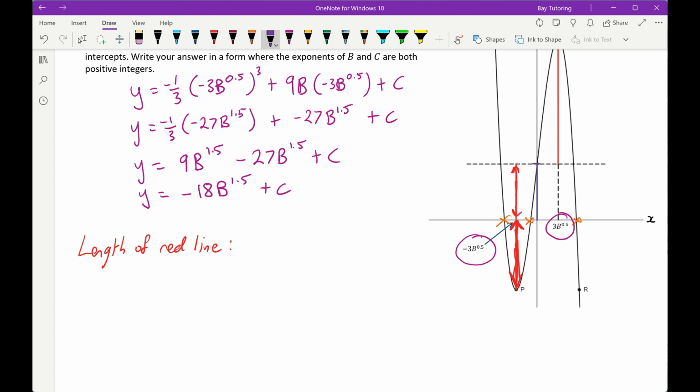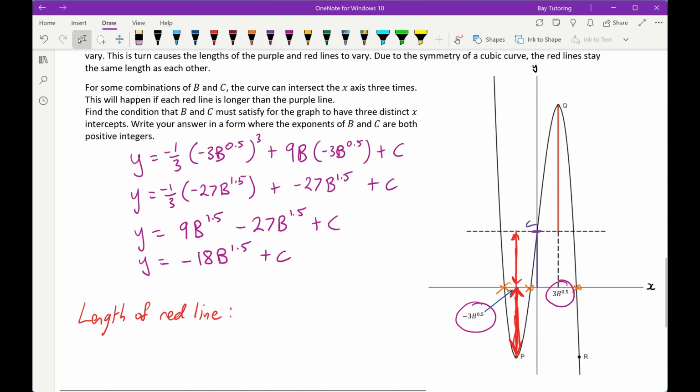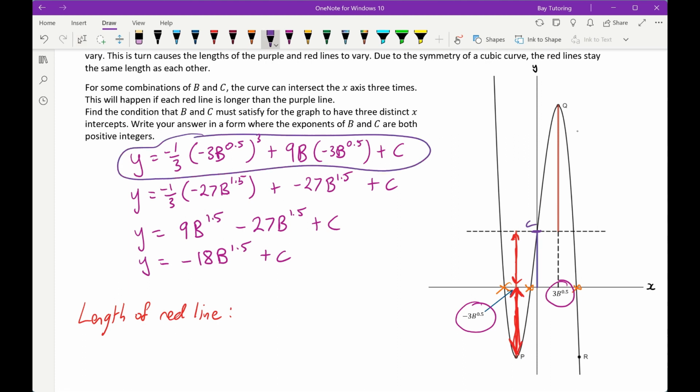So this is going to be c. That's going to be the y-coordinate of here is c. So if we look at the expression here, c is your y-intercept, because that's your vertical shift up or down, just like it is in a linear or in a quadratic equation. That plus c is your y-intercept, because if we made x equals 0, that would be the only thing left.